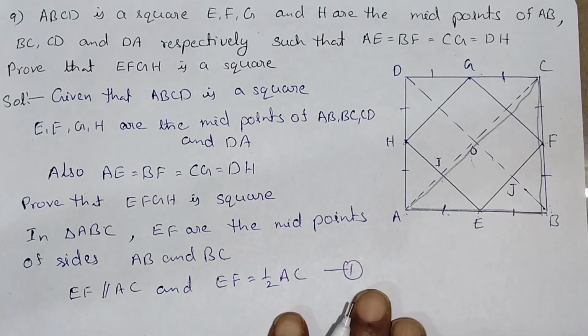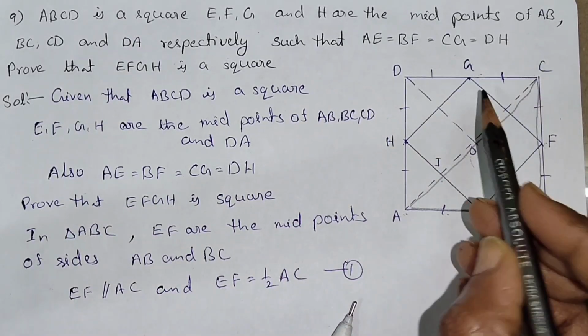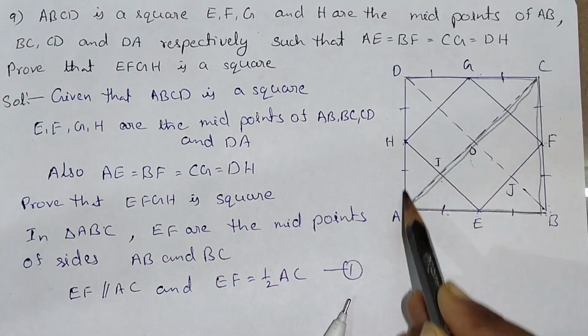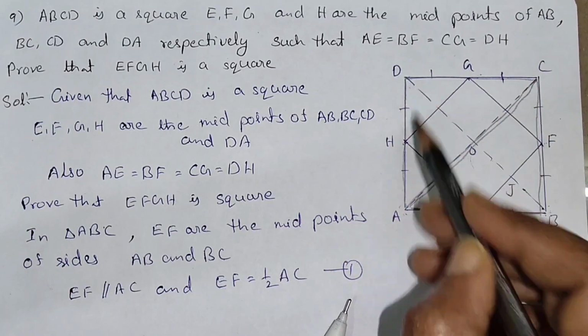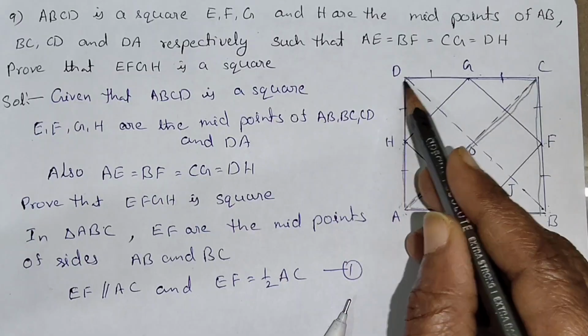Next we take another triangle, ACD. Here H and G are the midpoints of the two sides AD and DC.